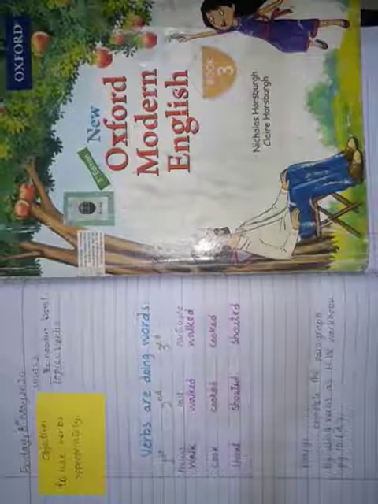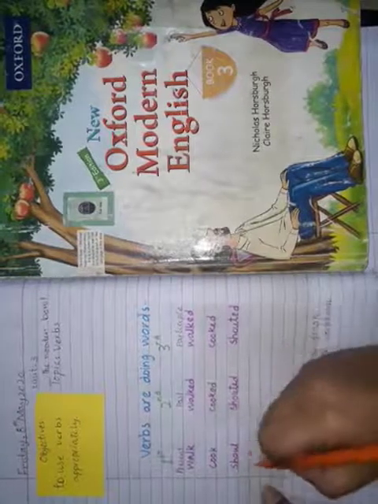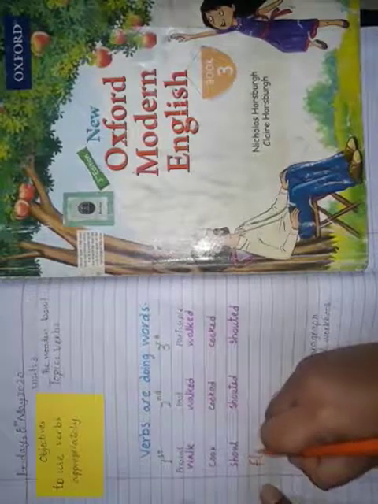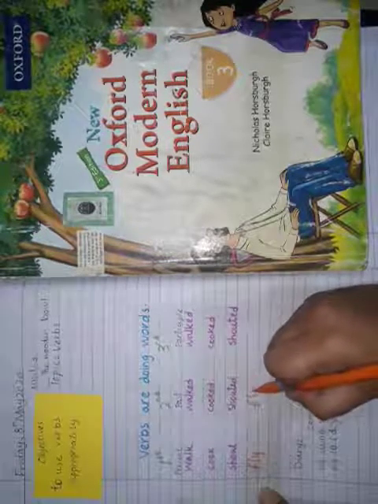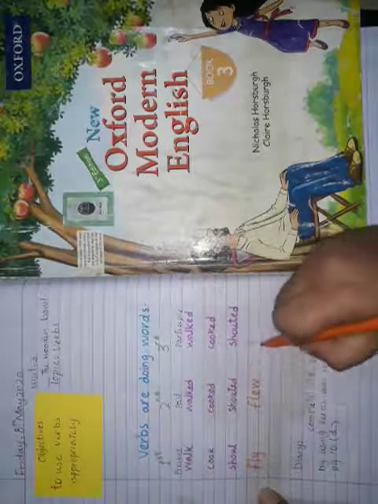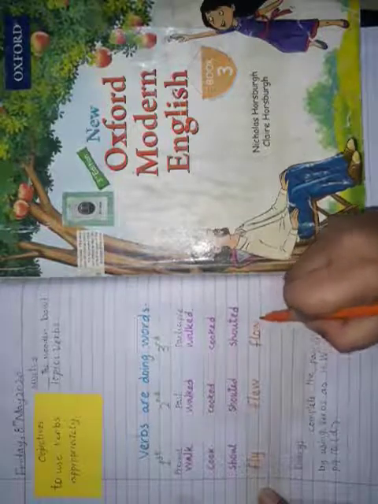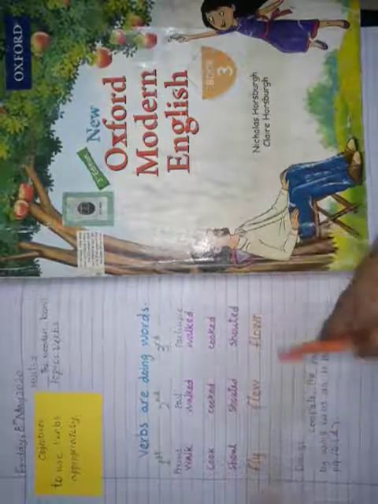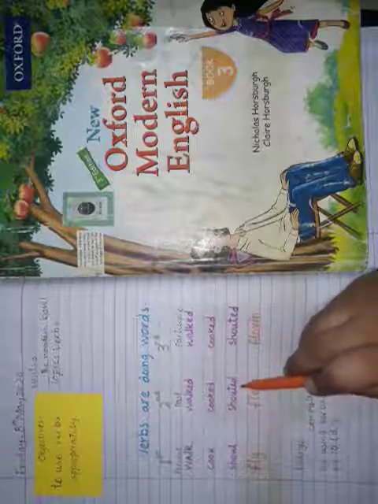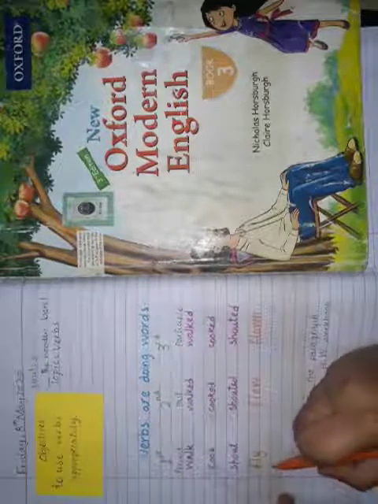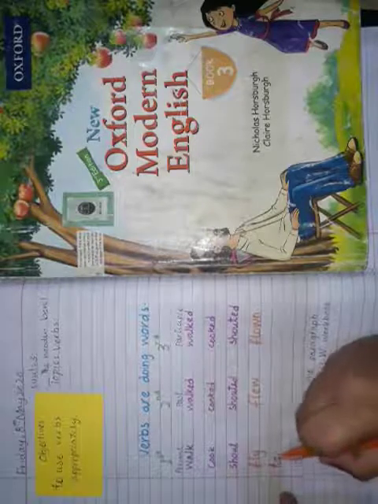For example, let's take fly. Fly, flew, and flown. This is an irregular verb because fly does not make its past by adding ed. And let's take another example.